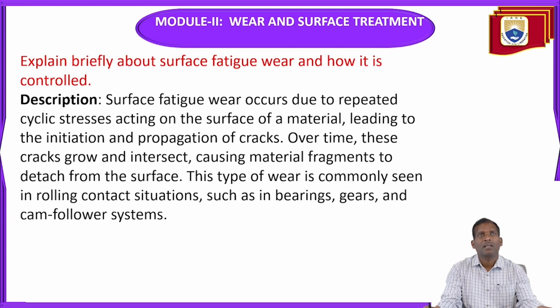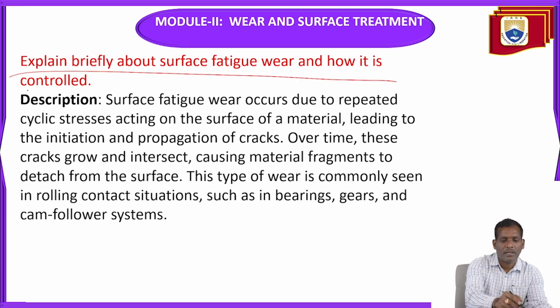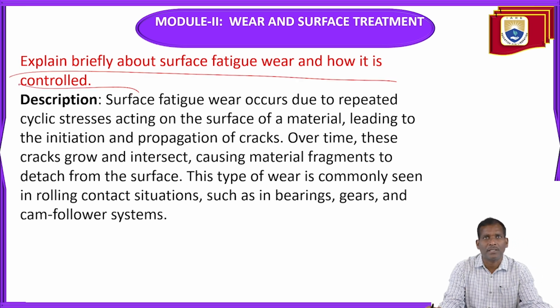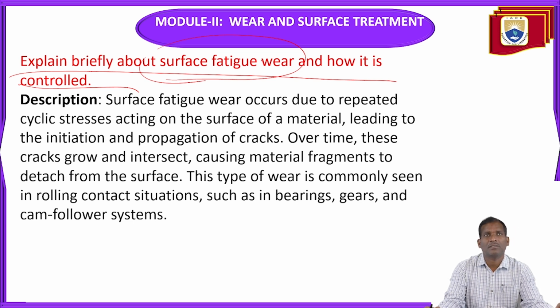Next question: explain briefly about surface fatigue wear and how it is controlled. In the previous question, he asked about the types of wear. Now he has asked to explain briefly about surface fatigue. So what is surface fatigue wear and how is it controlled?